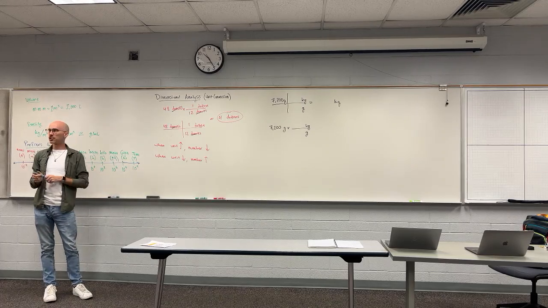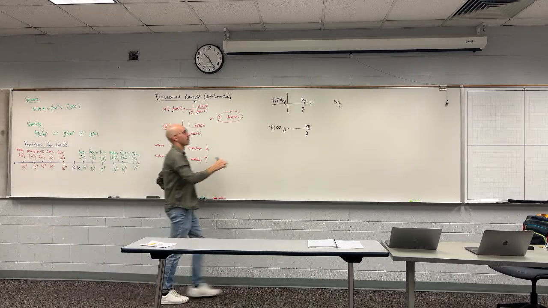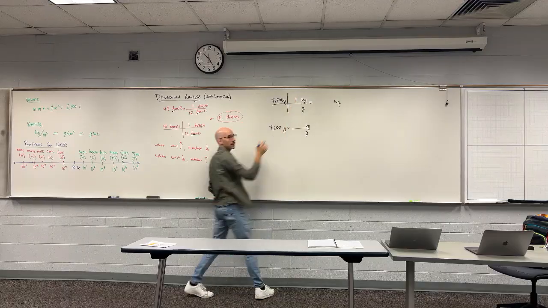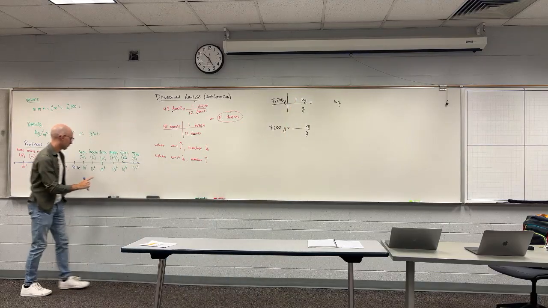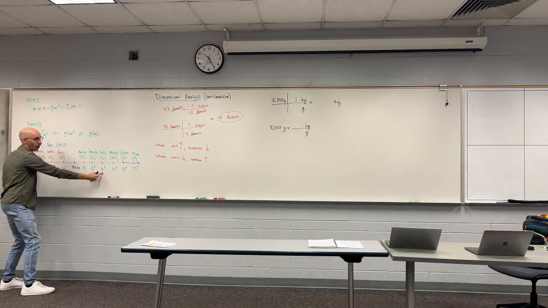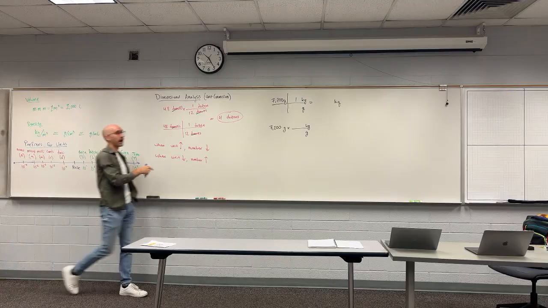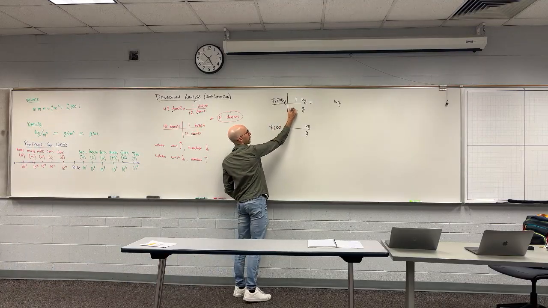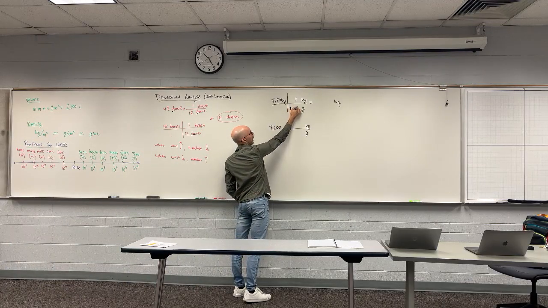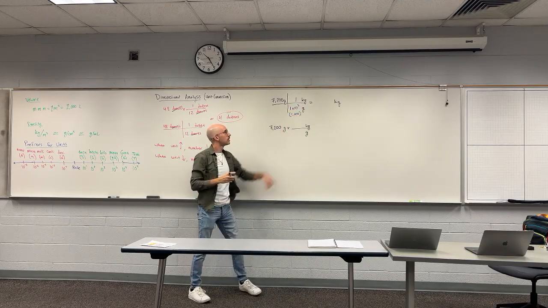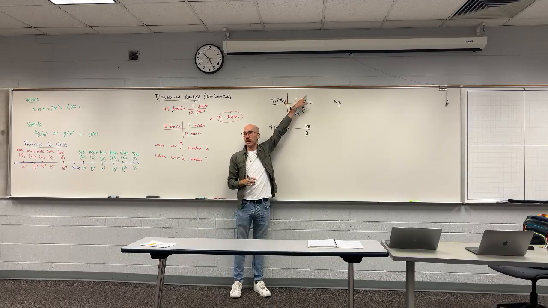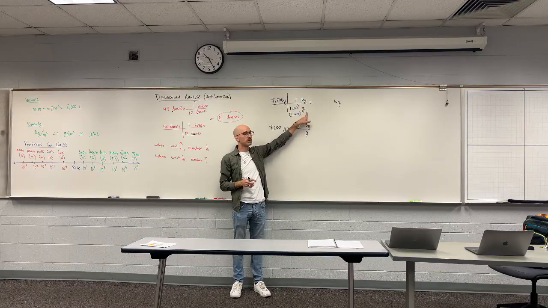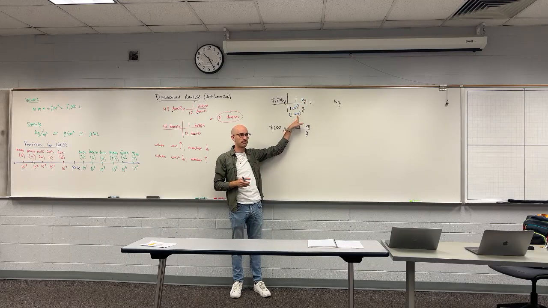One of the relationships is that 1 kilogram is 1,000 grams. 1,000 or 1 times 10 to the third. Small number, big unit. Small unit, big number.